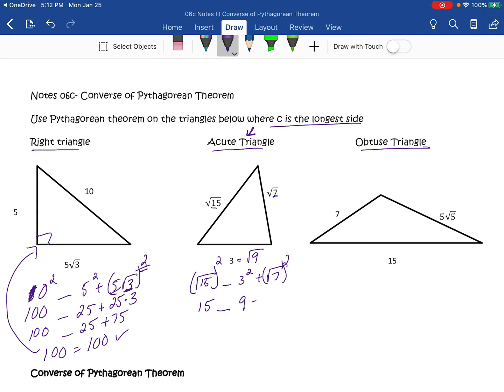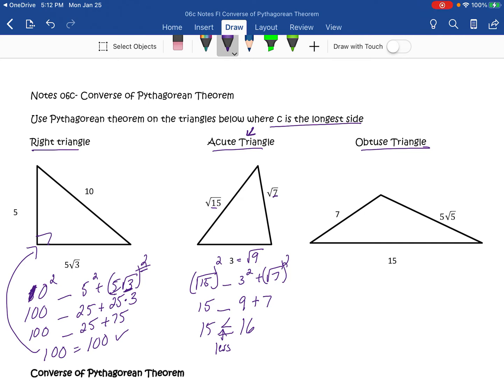Radical 15 squared is just 15, 3 squared is 9, 7 squared is 7. Well, 9 plus 7 is 16. They're not equal, so it's definitely not a right triangle. 15 is actually less than 16, and so this is an acute triangle.